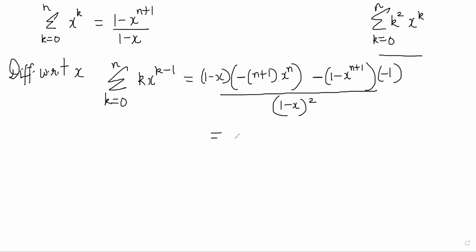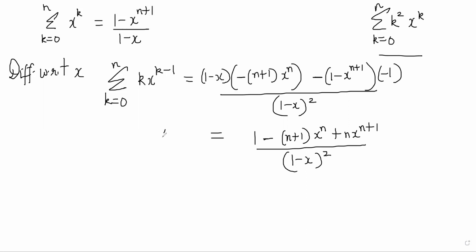Great. If you simplify this a little bit, you will get 1 minus n plus 1 x power n plus n times x power n plus 1 divided by 1 minus x whole square. This is coming as summation of k goes from 0 to n, k x power k minus 1, right? Now, if I want to get to this point, I need k square. I don't just need a k, and I need x power k.